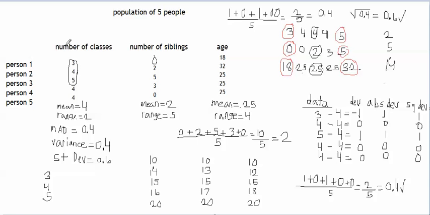So now we need to find the mean of our sample. We need to find the mean of the number of classes of the 3 people in the sample.